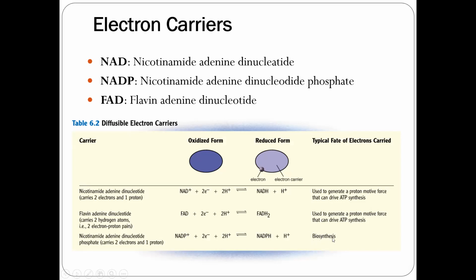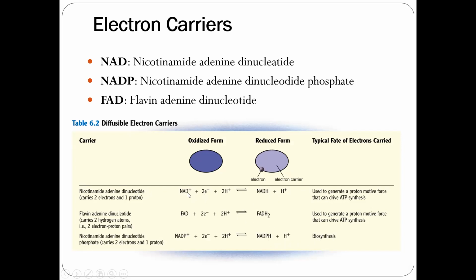This is going through biosynthesis, so NADPH is actually going through an anabolism process. A good example is the Calvin cycle. They involve NADPH. Okay, so here's something we will mention later on.